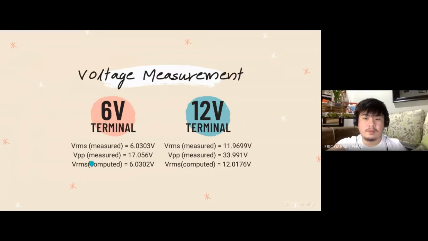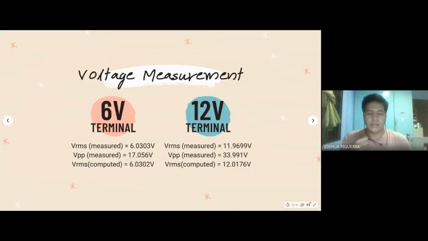For the data of the voltage measurement, based on the procedure of the experiment, the data gathered are as follows. The VRMS measured values were obtained by using the voltage probe, and the V peak to peak measured values were obtained by using the grapher and adjusting the cursors.